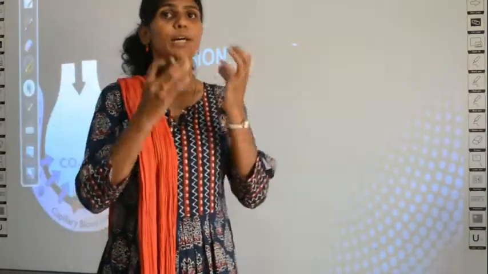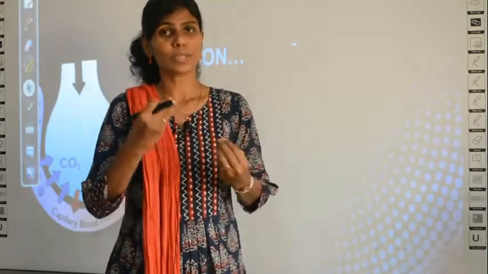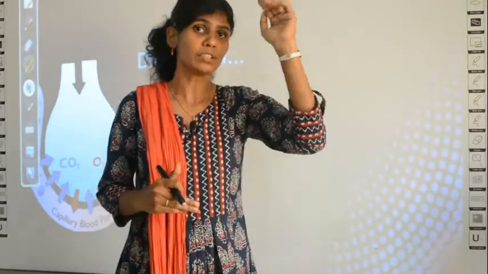Diffusion is the movement of certain substances or molecules from a region of higher concentration to a region of lower concentration. I will repeat again. Diffusion is a process where any molecules or substance move from a region of higher concentration to a region of lower concentration.